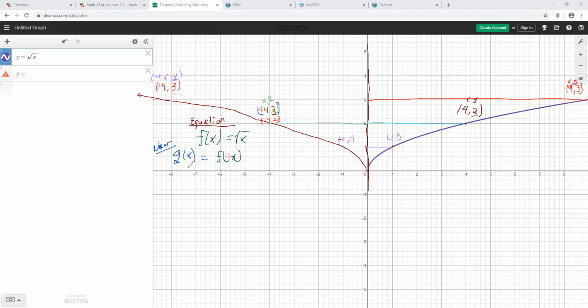The new function is the original parent function, and inside next to the x is a times -1. And this is when we have a reflection over the y-axis. Reflection about the y-axis.